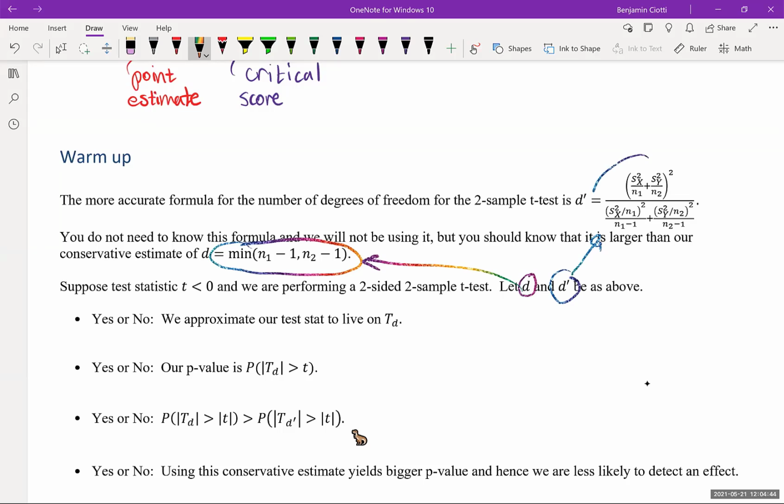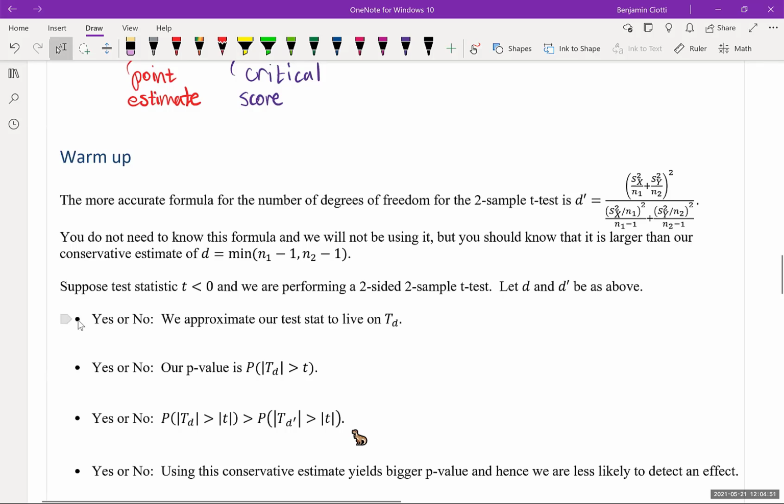D prime is the more accurate one. In this class, when we compute a p-value by hand, yes or no, we approximate our test statistic to live on T sub D. Yes or no?